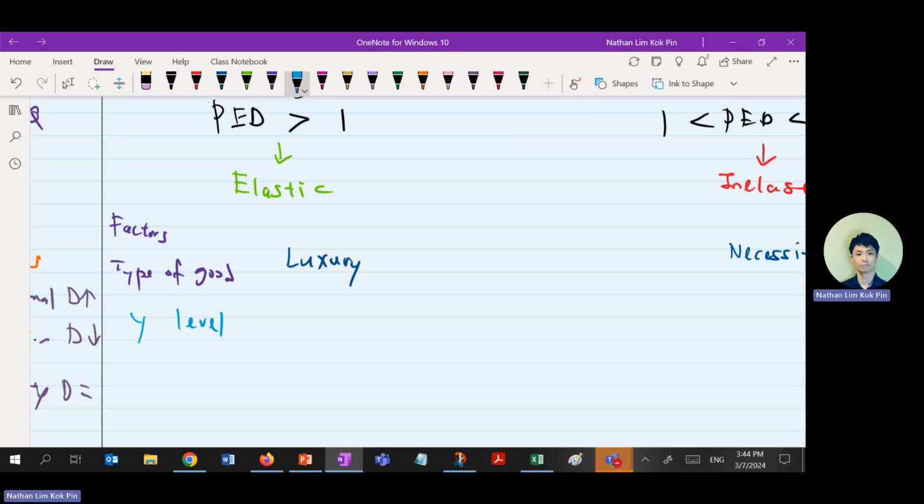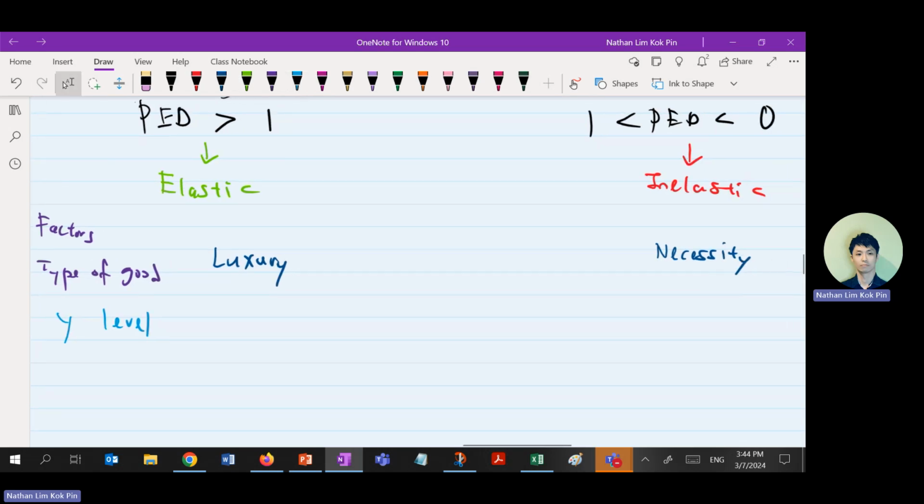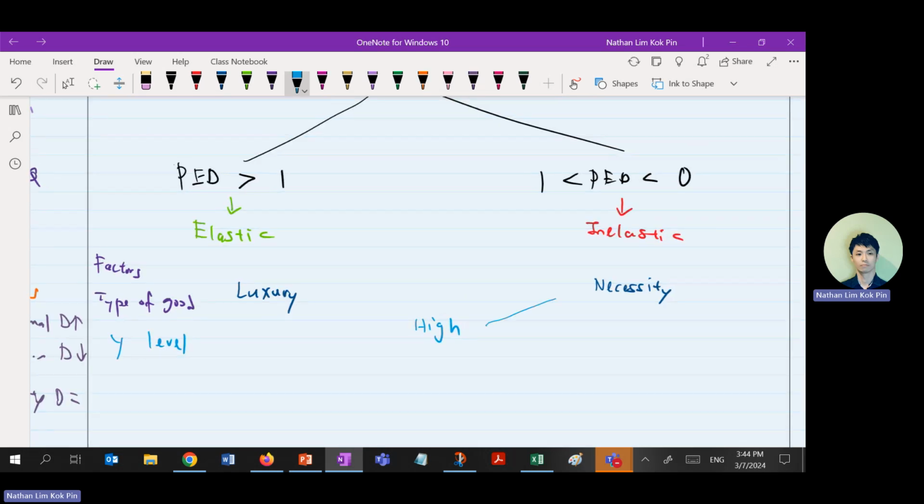Income level is what? High income group. Put here better. High income group can be inelastic, it can also be elastic. Low income group can also be inelastic or elastic. It depends on how you write. If you write according to the textbook, high income group, they are inelastic.